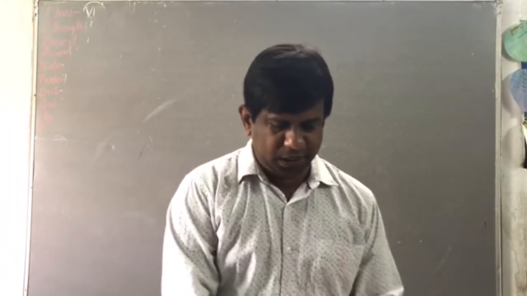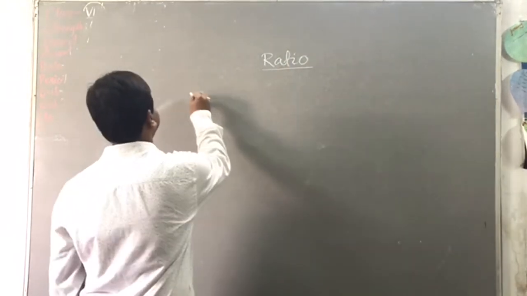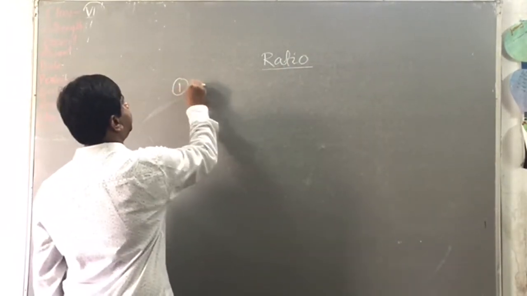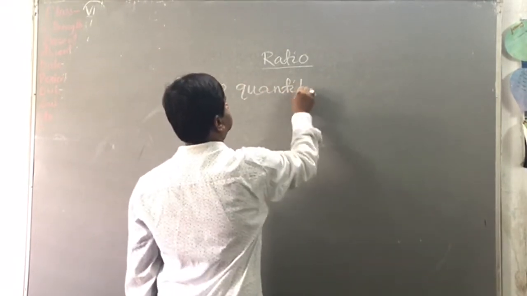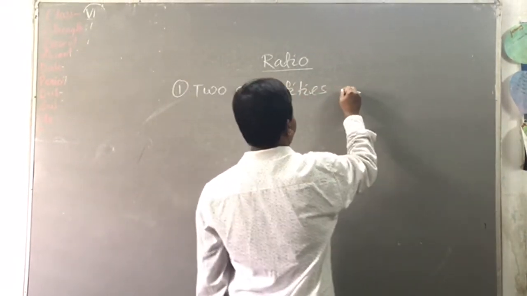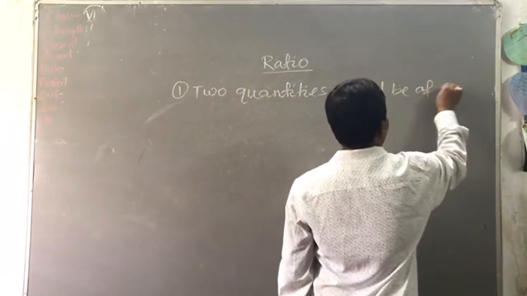So two quantities can be compared only if they are in the same unit. Write down. Two quantities should be of the same kind.